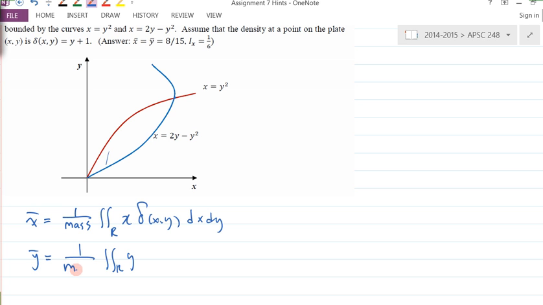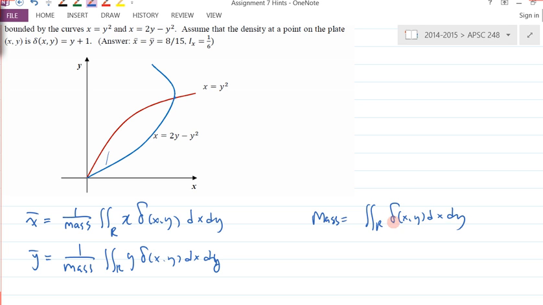Okay, so the mass also requires a double integral. Mass equals the double integral of just the density, dx dy.